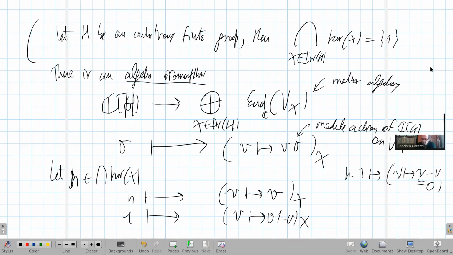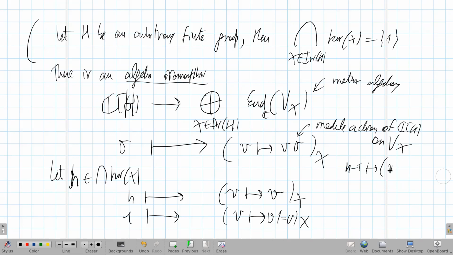So what does this mean? Is that clear? Let me rewrite it because I want this to be clear. H minus 1 goes to the map that sends V to VH minus 1 on each component chi. V is sent to VH minus V times 1.